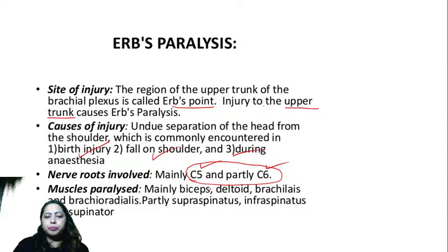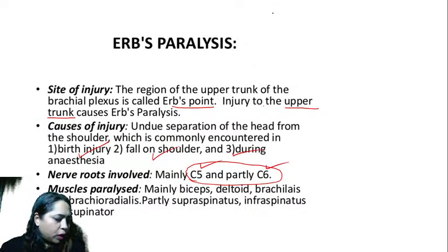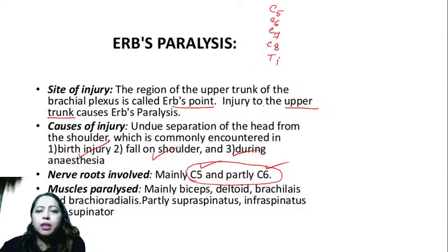And what are the muscles supplied by C5, C6 roots? For this, we have to look at the root value of all the muscles. I will write it this way: C5, C6, C7, C8, T1 is for median.